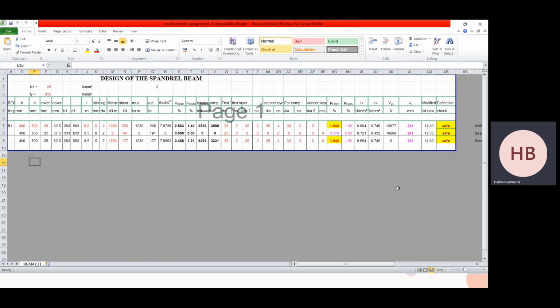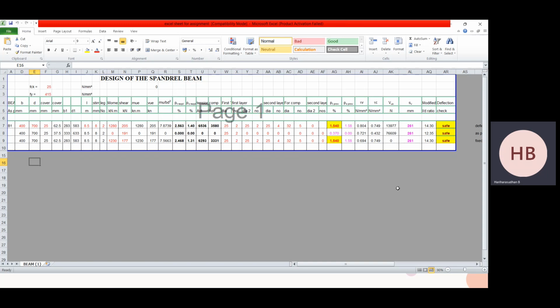For tension, at the top we are considering 25 mm diameter bars, two numbers, and at the middle 25 mm diameter bars, two numbers. Then at the bottom we have taken 25 mm, two numbers of bars. Then for the second layer we have taken 25 mm, four numbers of bars.